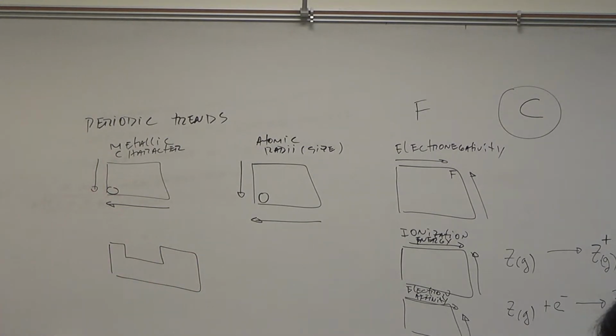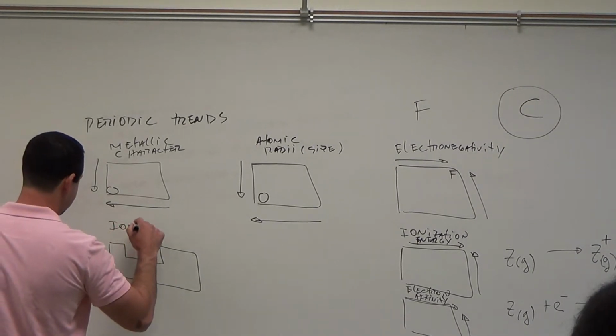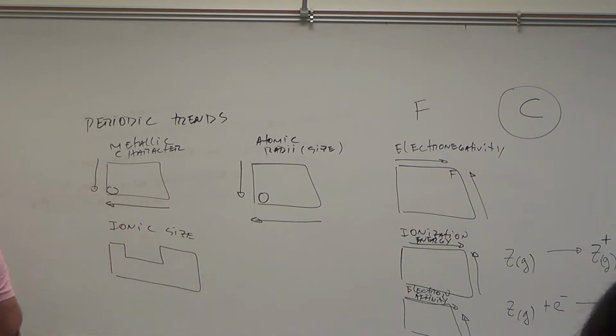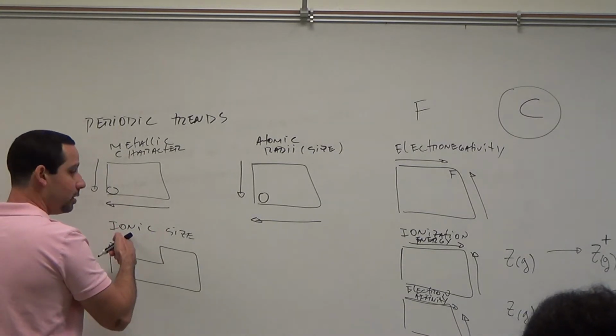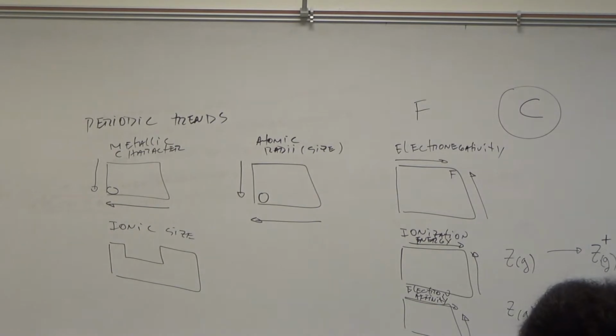Now tell me, if this is ionic size, is ionic size the same thing as atomic size? Atomic size is the size of the neutral atom from the periodic table. Ionic size is the size of the ions after it either loses or gains electrons.